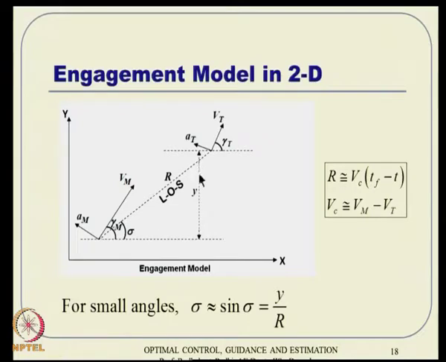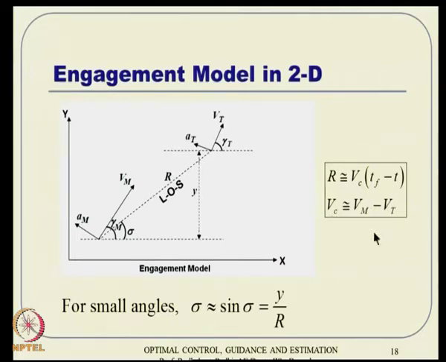That can be approximated as sigma equals y over R, and R is nothing but Vc times (Tf minus T), the final time minus the current time, where Vc is the closing velocity along the line of sight. And Vc is Vm minus Vt or Vt minus Vm, depending on what people write.